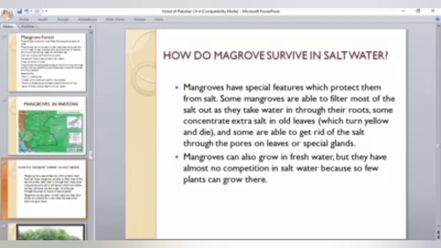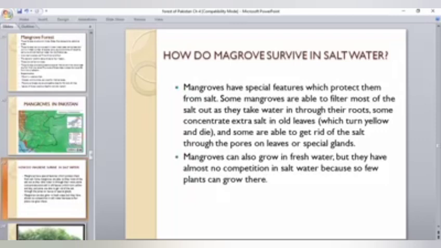How do mangroves survive in salt water? Mangroves have special features which protect them from salt. Some mangroves are able to filter most of the salt out as they take water in through their roots. Some concentrate extra salt in old leaves, which then turn yellow and die.